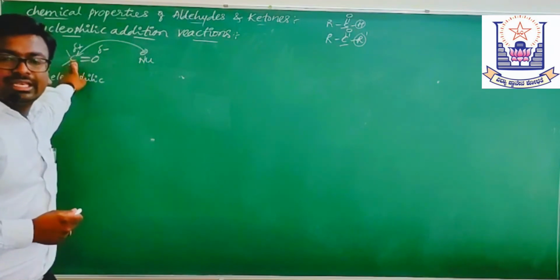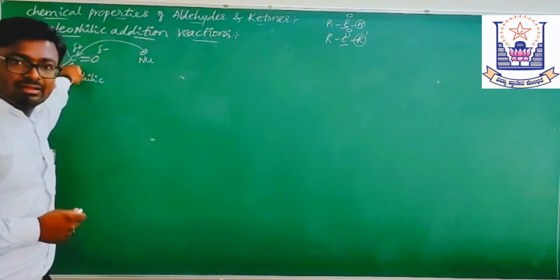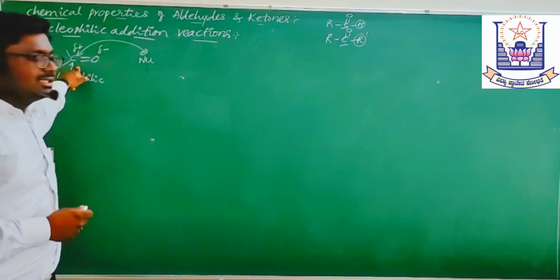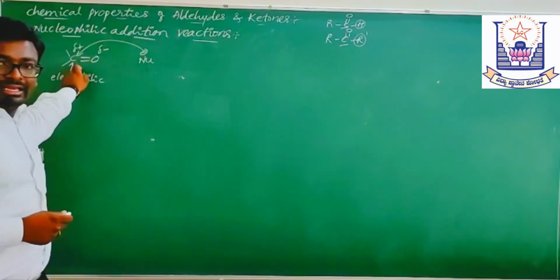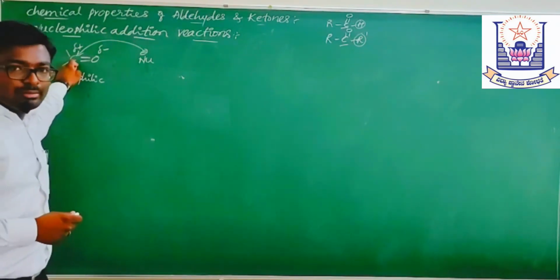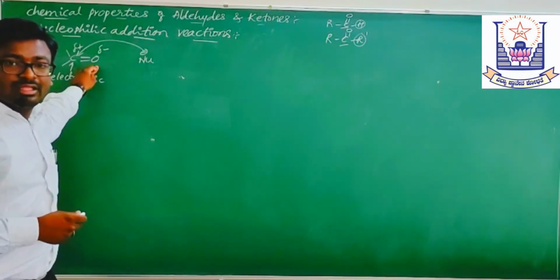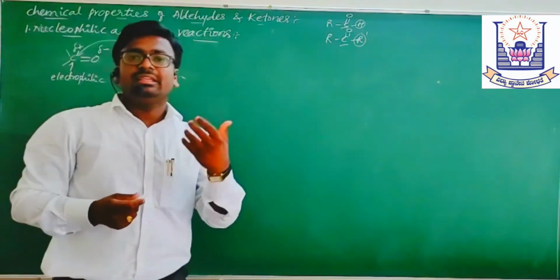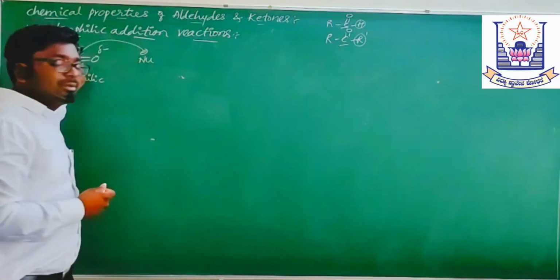Because this carbon is electron deficient, the nucleophile is going to attack, and because of that reason it is termed nucleophilic addition reaction. We are concentrating on the nature of the carbon atom, but not the nature of the oxygen. In general, the reactions are named based on the carbon atoms.